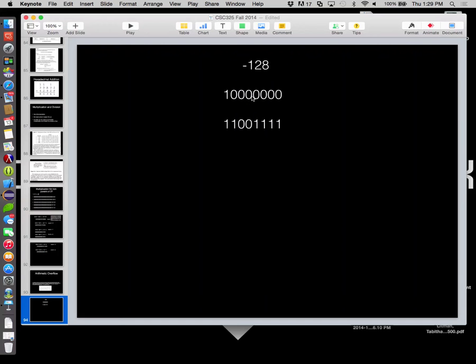So that's positive 128, correct? Flip all the bits on that one. What happens? 0. One, 2, 3, 4. And then add 1. So adding 1 to this guy.